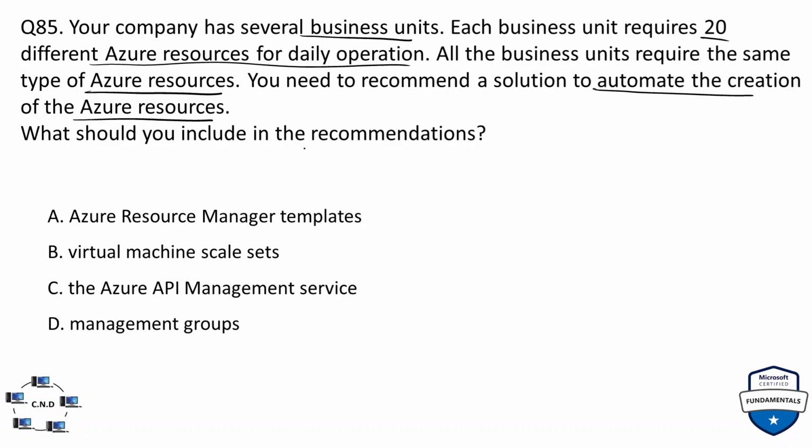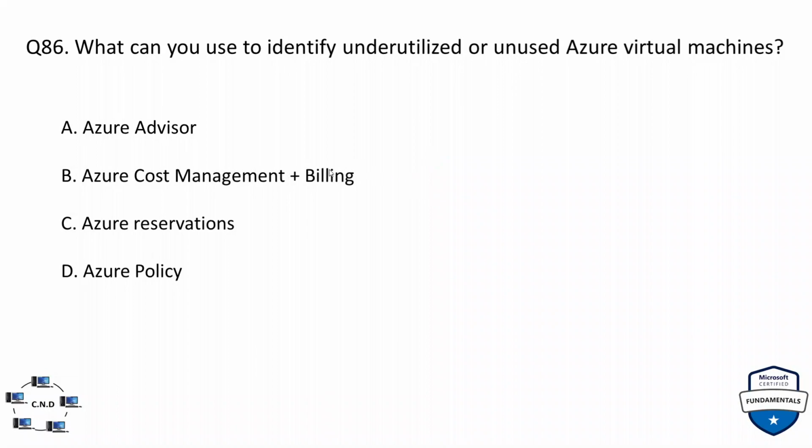What should you include in the recommendations? And the options are option A, Azure Resource Manager templates, option B, virtual machine scale sets, option C, the Azure API Management Service, and option D, management groups. And the correct option is the Azure Resource Manager templates.